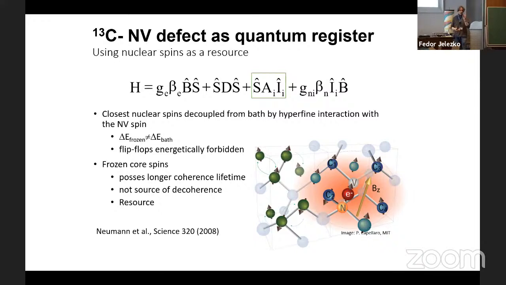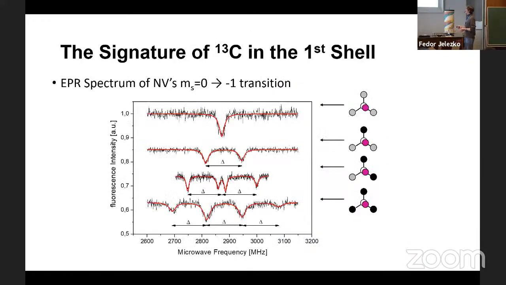Actually, if they are located very close to the NV center, they start to be visible directly in the spectrum of the NV center. Instead of the single spin transition at 2.8 gigahertz, you start to split your transition by the hyperfine interaction. And for the first shell nuclear spin, it's 127 megahertz.